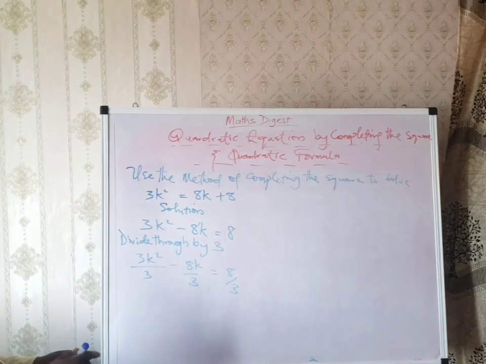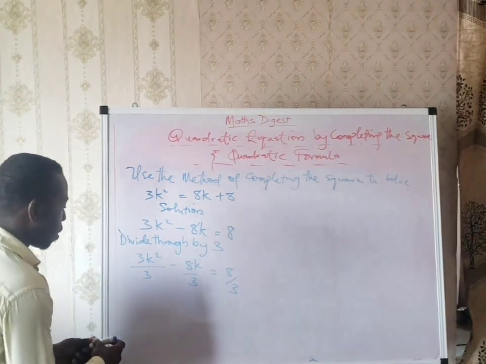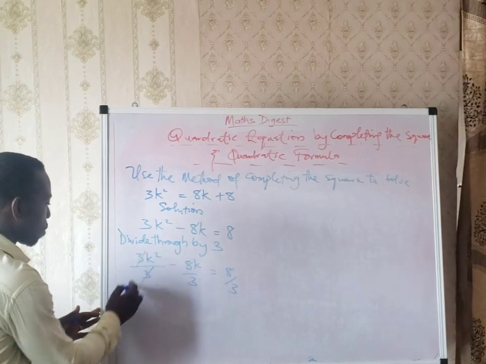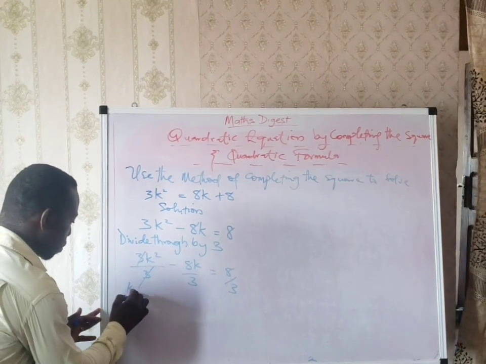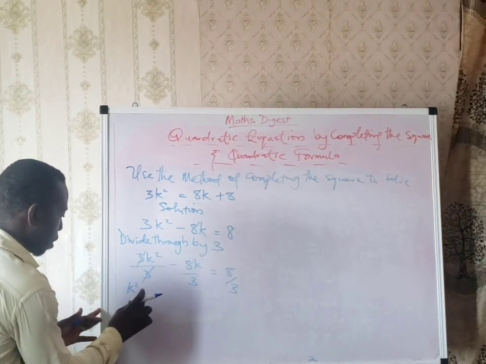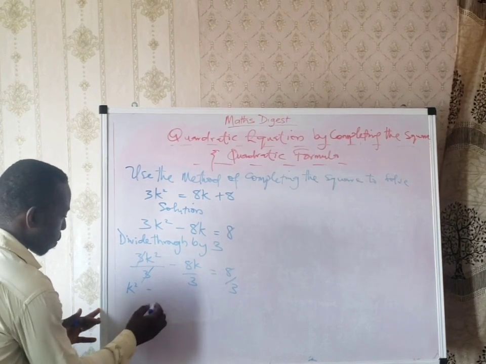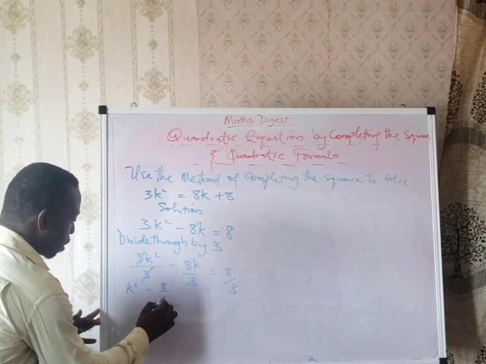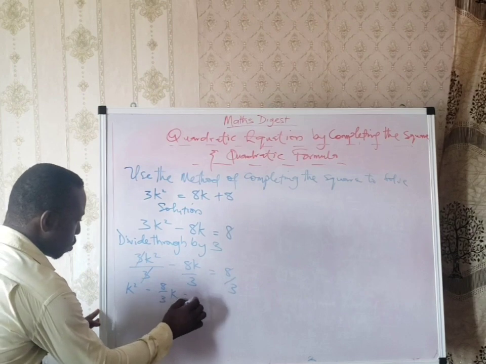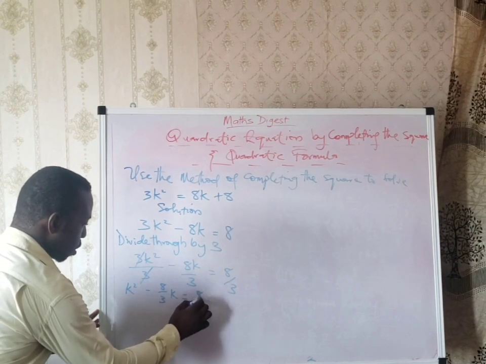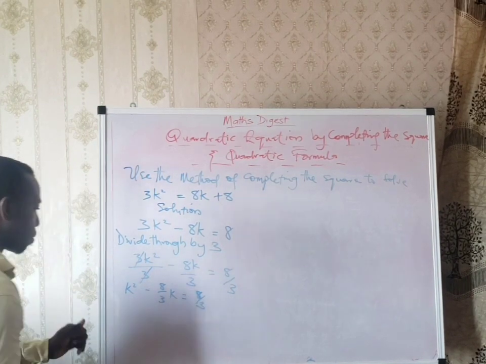Okay, when you divide through by 3, this is what we get. Now from here, 3 cancels 3, you are left with k squared minus 8 over 3 k equal to 8 over 3.